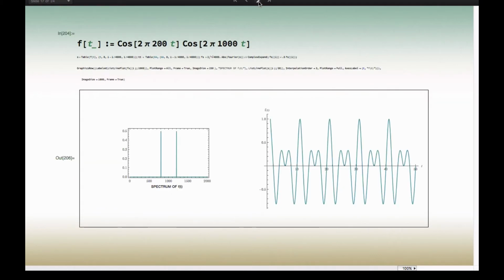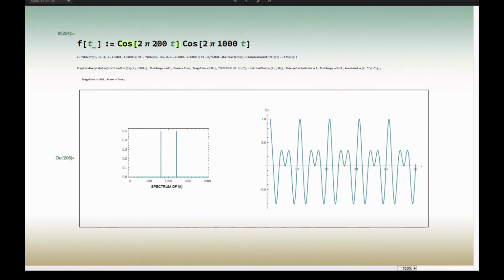To see a demonstration of this, notice if I multiply a first sinusoid of frequency 200 times a sinusoid of frequency 1000, the identity says that we should have a difference frequency of 800 and a sum of 1200 hertz, which we see here. This is how this signal would look in the time domain.